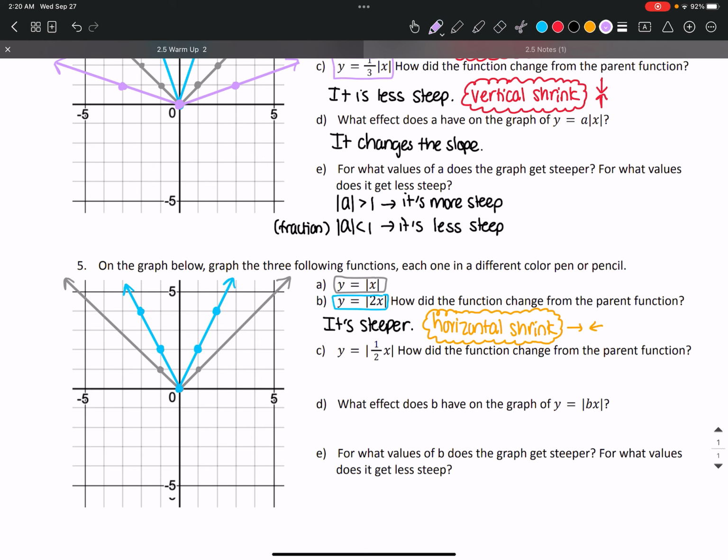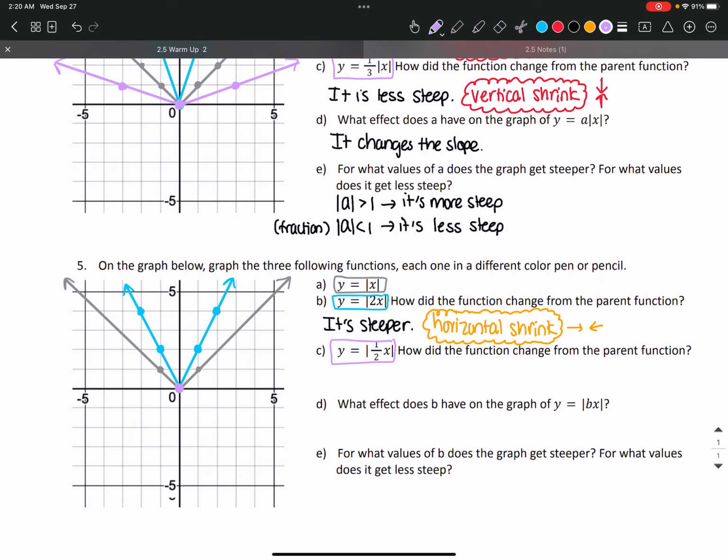The next one that I'm going to graph is y equals 1/2 x. If I graph that, I'm going to plug in x is 0, so I put that there. If x is 0, then y is 0. And then if I plug in values for x, I want to pick ones that are divisible by 2 because multiplying by 1/2 is the same as dividing by 2, and I want whole number answers.